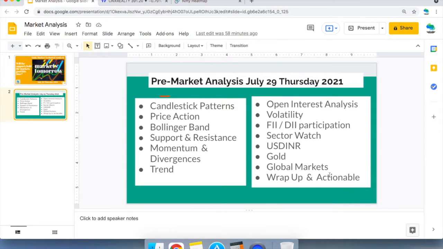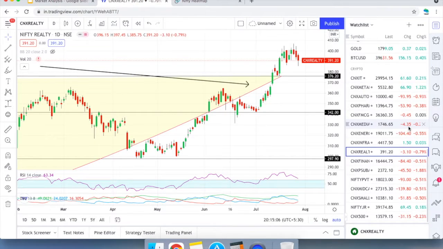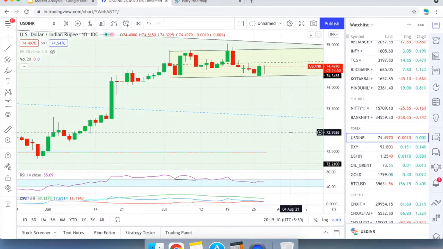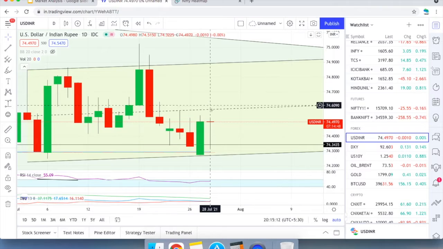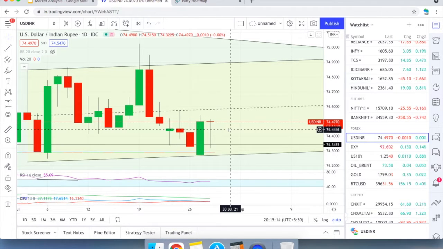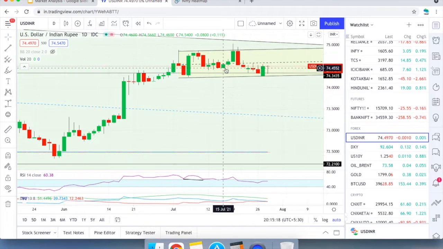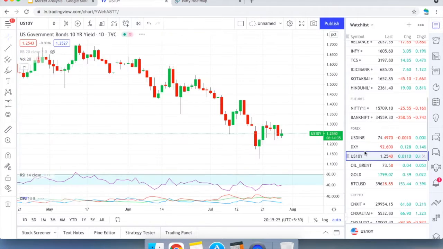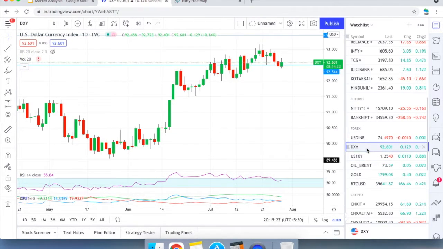If you see, now let's look at USD INR. Let's see what action is happening there. USD INR attempted to move up, kind of a dragonfly doji pattern, which is indecisive. But it is very much within the channel that we have drawn. It is on the uptrend to hit the channel top probably. And dollar index has actually strengthened, closed green, dollar is strengthening.